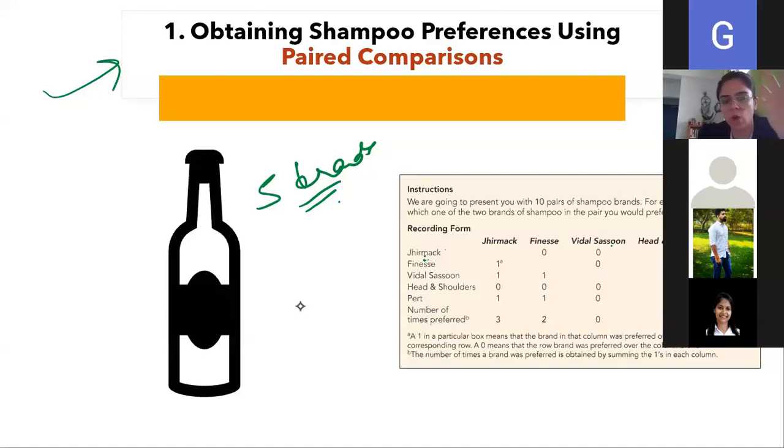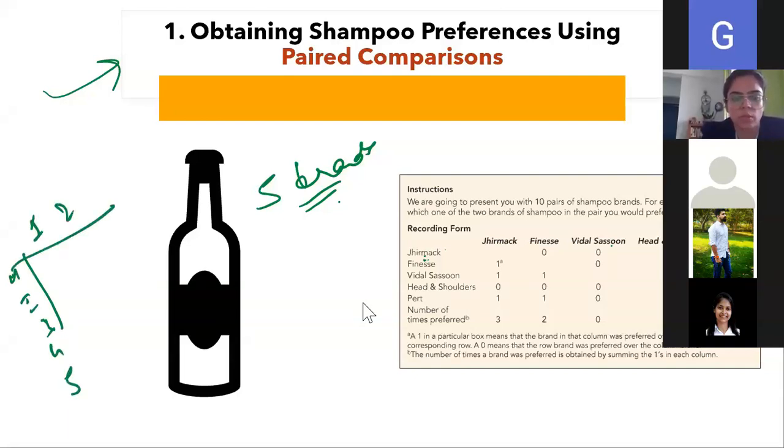So how they are asking this question is, they put the 5 brands in rows, first, second, third, fourth, fifth, and the 5 brands in columns. Basically they have made pairs so that they can compare all these brands.